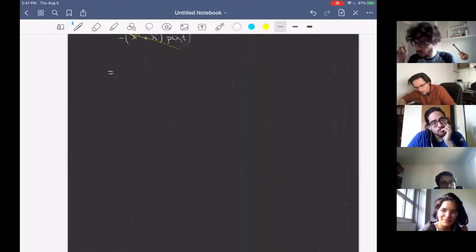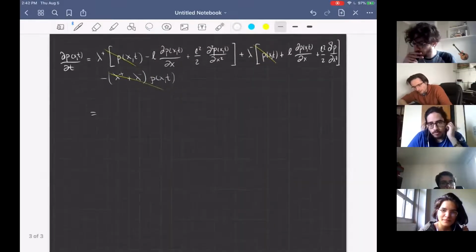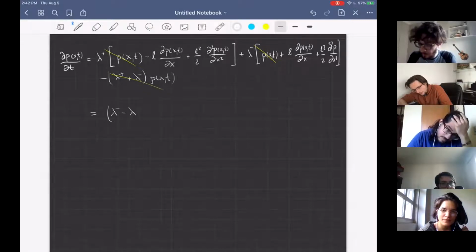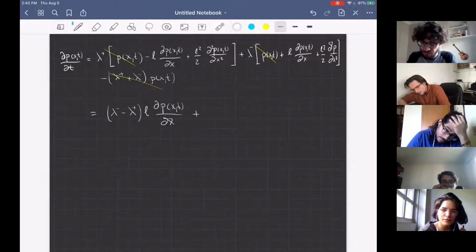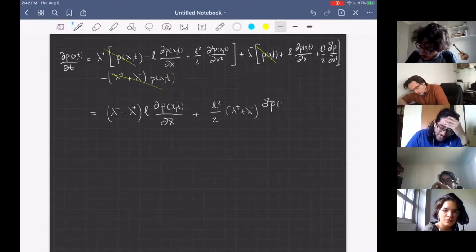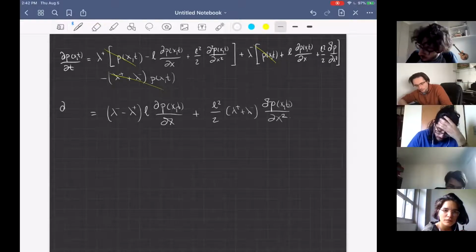I don't know. So then I can reorder things and I get that lambda minus lambda plus L derivative of P(x,t) with respect to x plus L squared over 2 lambda plus lambda minus second derivative of P(x,t) with respect to x squared. This is equal to the.